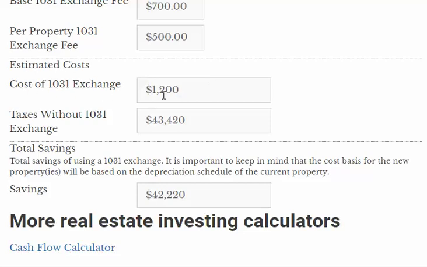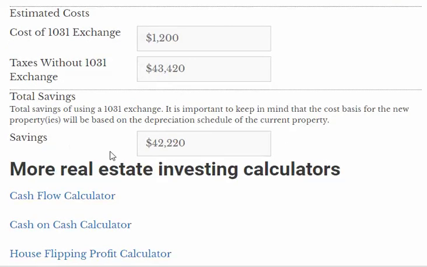So the cost of the exchange is the fees you pay to complete the exchange, and the taxes you would pay without doing an exchange. So if you just sold the property without doing any exchange, you'd pay $43,000 in taxes, and you'd save basically $42,000 once you deduct the fees you're paying to the 1031 exchange company.